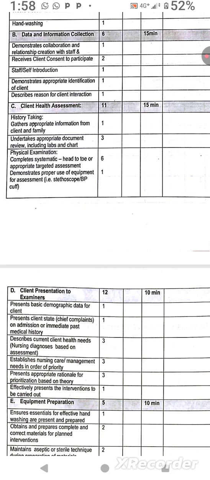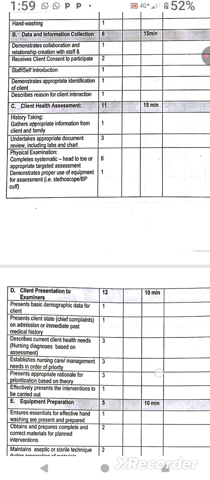While you are doing the council examination, you should collaborate with the staff of the service you are working with, whether it is maternity, emergency, pediatric, or neonatology, depending on the service. The second, receive client consent to participate. Before each practice, you should ask the patient for consent.